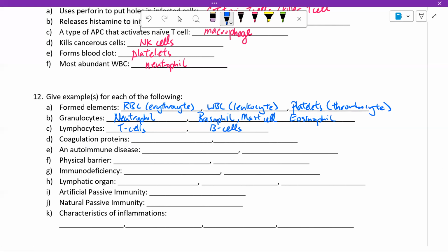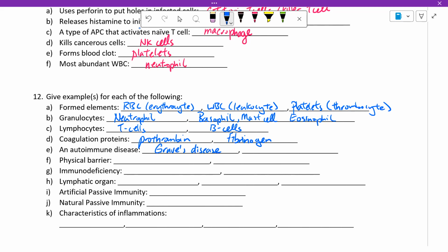Coagulation proteins, these are proteins that help you stop the bleeding. Prothrombin and fibrinogen, right? Next, we have autoimmune disease. I mean, there are several. The one we talk about in class is Graves' disease.